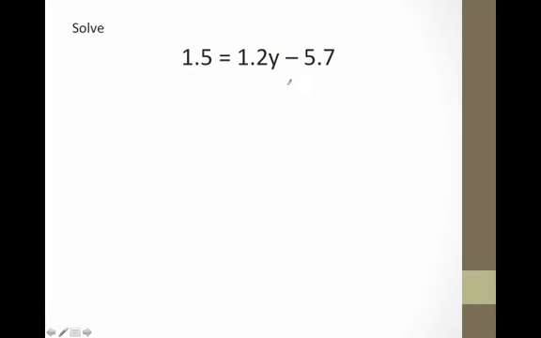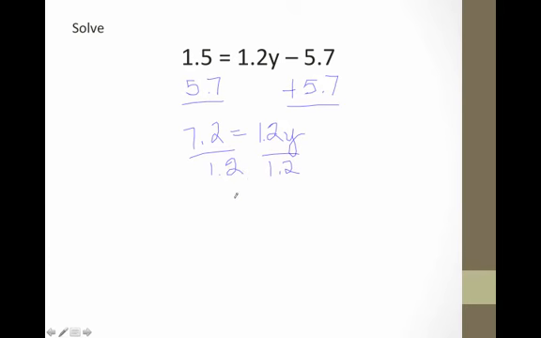Okay. Here we are, and we're going to add 5.7, add 5.7. So that leaves us with 1.2y and 7.2. I now have a 1.2 with my y, so I need to divide, and that's going to go 6 times.